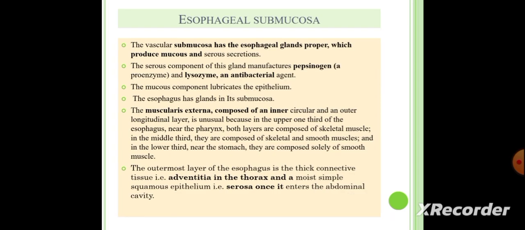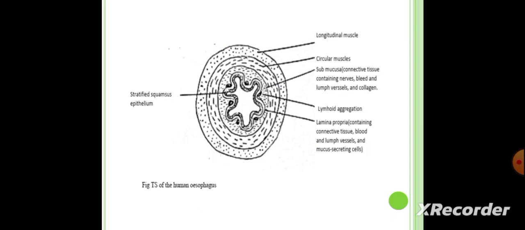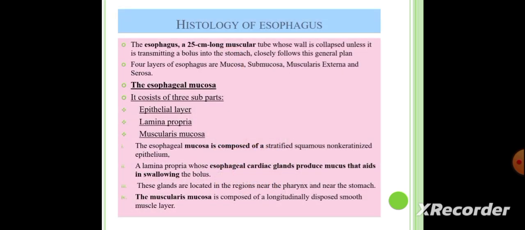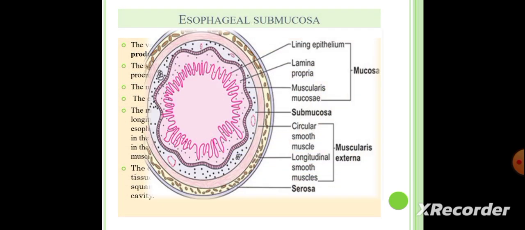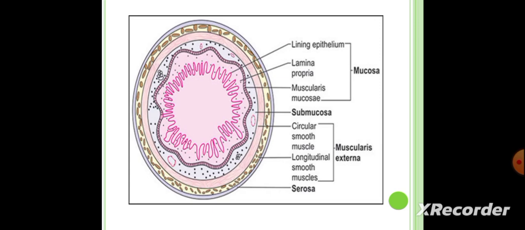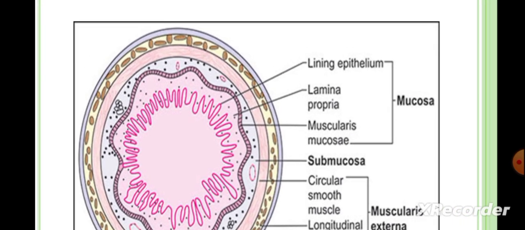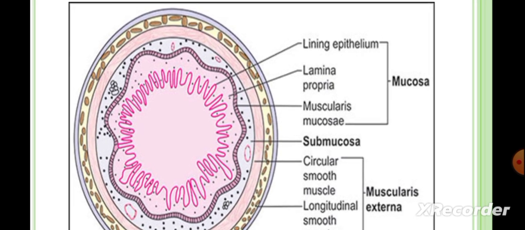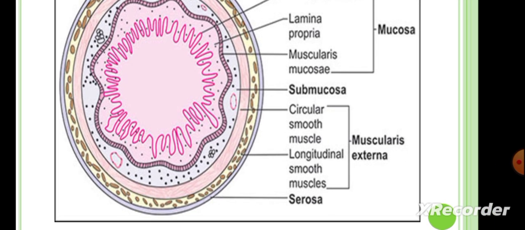So, you can see here in this diagram, as we have seen, the innermost layer, that is the mucosa, the innermost layer of the mucosa is the epithelium, which is stratified squamous epithelium, then lamina propria containing the mucus secreting glands, then muscularis mucosa, which is followed by the submucosa.